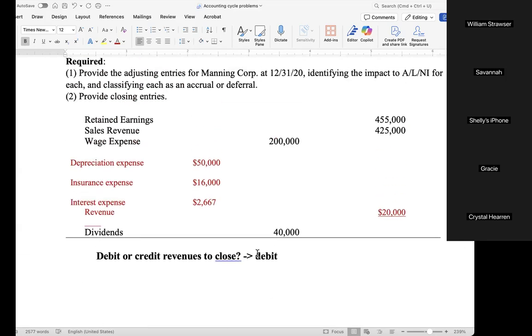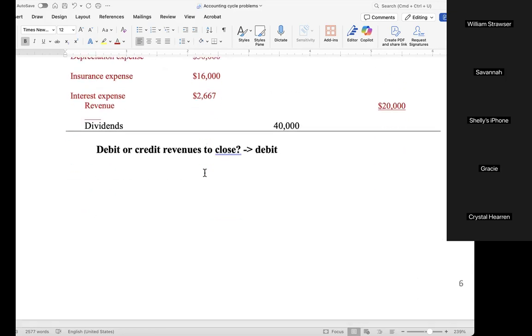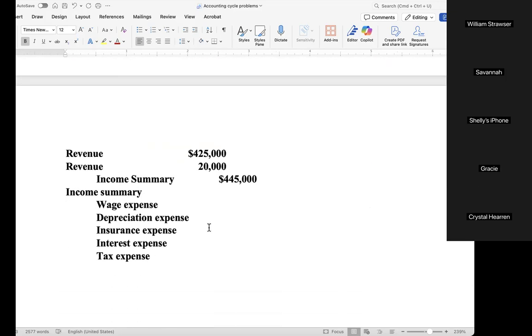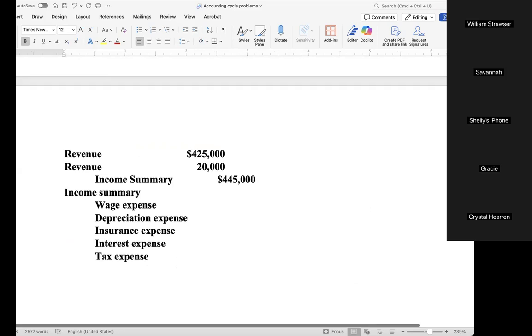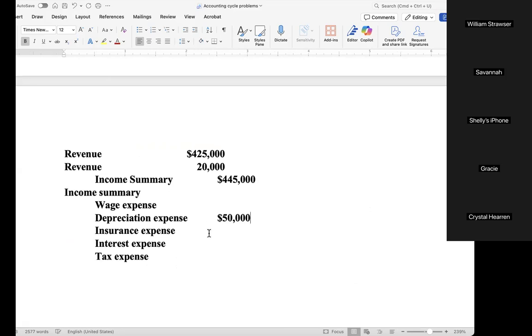So I'm going to go through there and grab these: 50, 16, 2,667, 50. This was 16. So it was 2,667. Wage expense was 200. Tax expense was like 75,333.